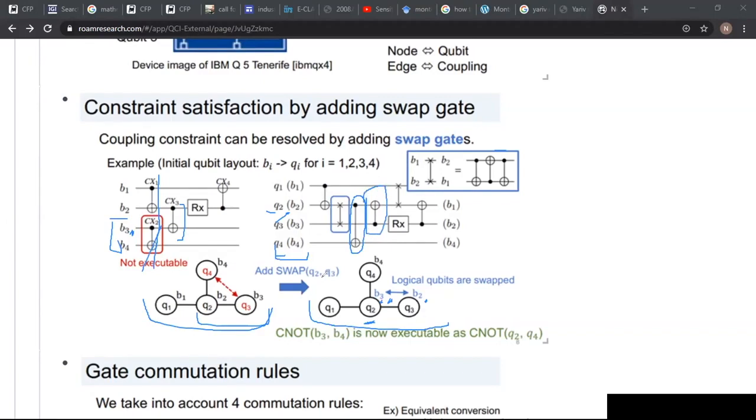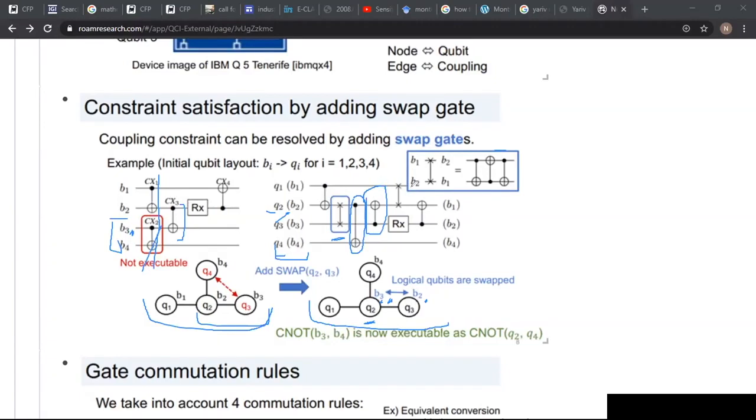The reason for flipping is that you have put a swap gate and have interchanged the states of B2 and B3. So initially your Q3 qubit stored the state B3 and Q2 qubit stored the state B2. But after performing this swap operation, you have interchanged the states.